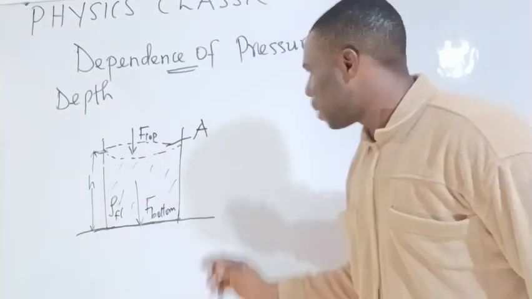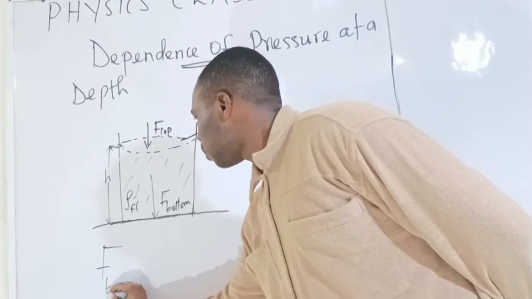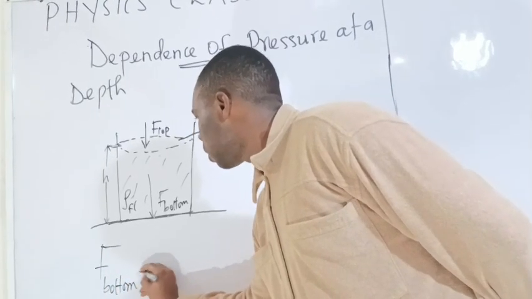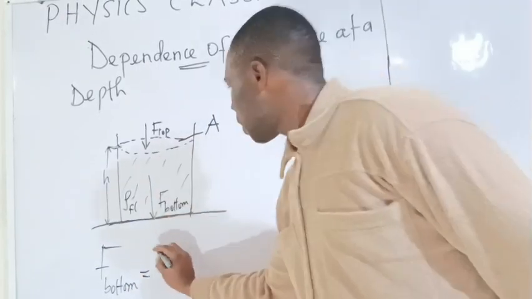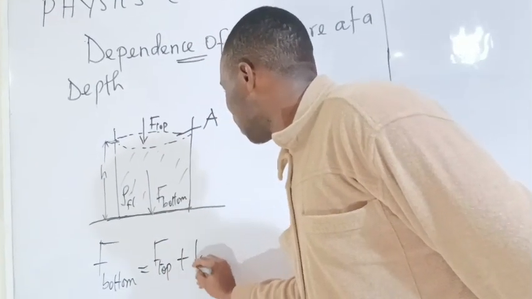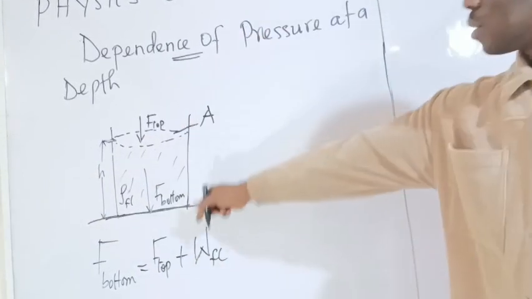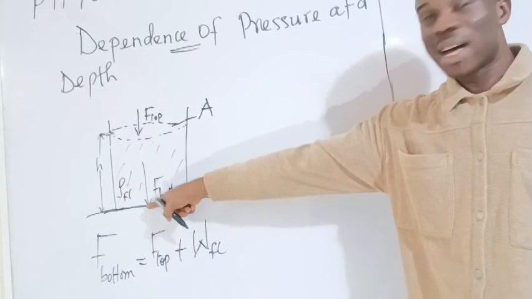So if I write this mathematically, the force at the bottom of the fluid equals the force at the top plus the weight of the fluid, the weight that this water at this point has to carry.